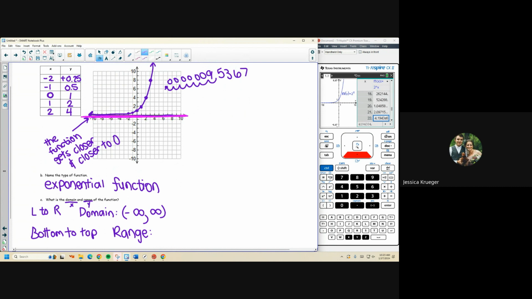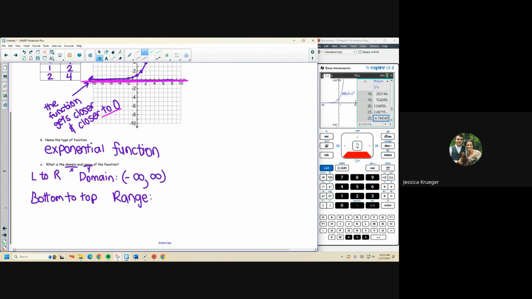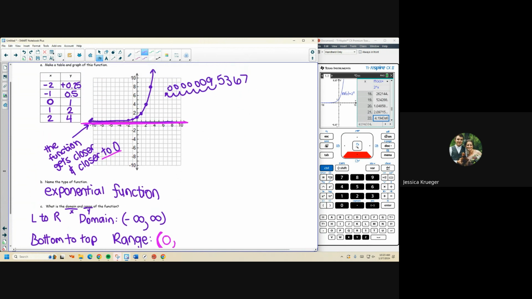In fact, we said it gets closer and closer to 0, but it never hits it. So my range is going to be, it starts at 0, but I'm using a parenthesis because it never actually gets to 0. And then it goes up forever and ever and ever. So it's going to go to infinity.